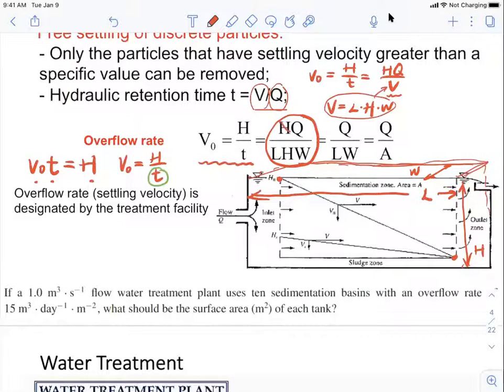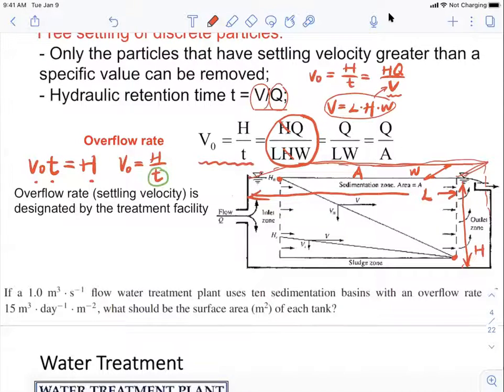You can cancel the H, and you get Q divided by L multiplied by W. L multiplied by W is just the length multiplied by the width of this reactor, which is the top area of the reactor.